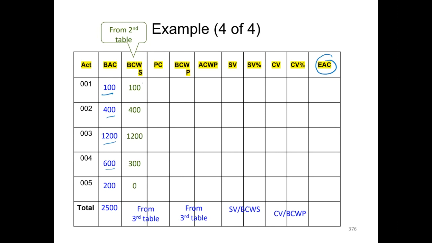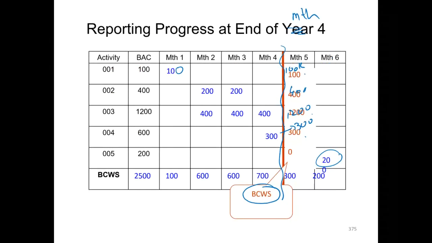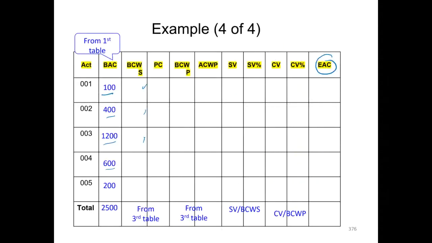So we find that activity 1 should have been finished by end of month 4, so we should have spent all the money on this. Activity 2 should have been finished by month 4, and we should have spent all the money on this. Likewise for activity 3. So mind you, we are just copying the values which we just calculated here: 100, 400, 1200, 300 to this table here.